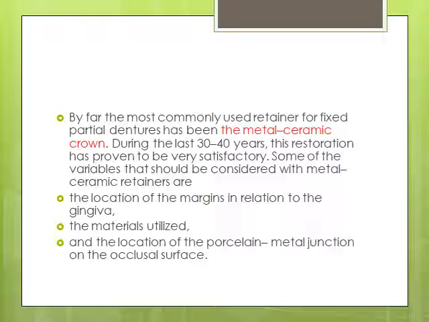It is very important to know some of the variables that should be considered with metal ceramic. You should learn 3 important points: the location of the margins in relation to the gingiva, the materials utilized, and the location of the porcelain metal junction on the occlusal surface.